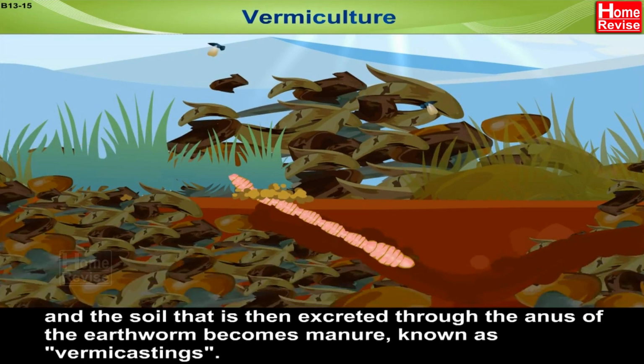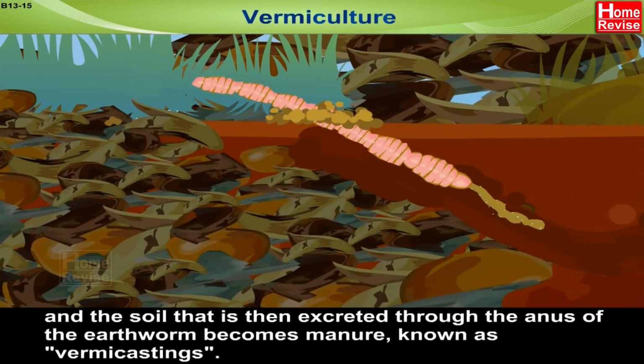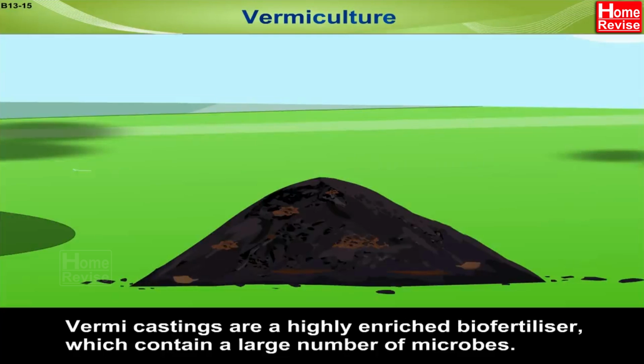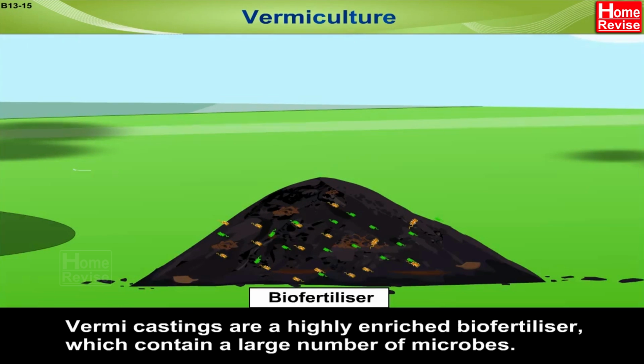and the soil that is then excreted through the anus of the earthworm becomes manure, known as vermicastings. Vermicastings are highly enriched biofertilizer which contain a large number of microbes.